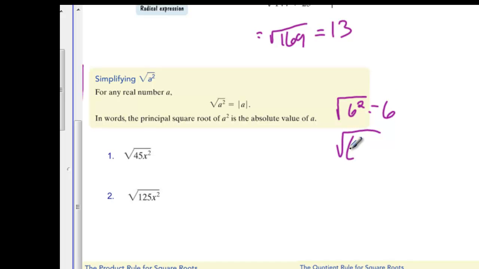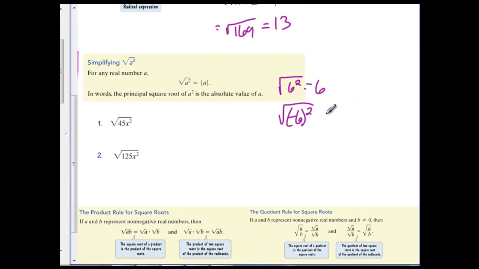The square root of negative 6 squared is going to give us 6. Those are both going to spit a 6 out. But if those had been an x, so the square root of x squared or the square root of the negative x in parentheses squared, it's still going to give us a positive x. So we've got to make sure we're taking the absolute value of it so that we're given the positive answer.